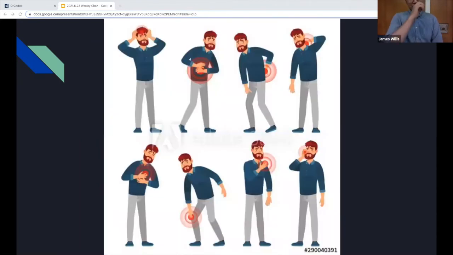So, pain. A lot of our patient population comes in because of pain, whether it's headache, belly pain, back pain, neck pain, mouth pain like dental pain, knee pain, all types of pain. And a lot of our treatment is to treat this pain.